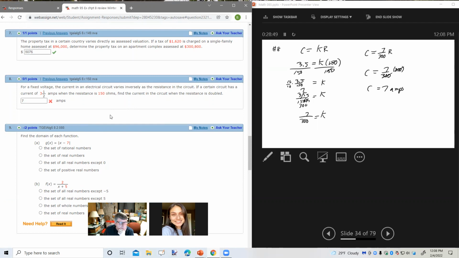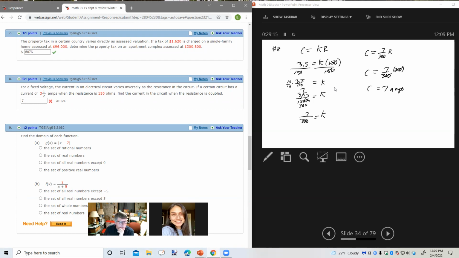Resistance is doubled. Find a fixed voltage. The current varies inversely as the resistance. 3.5 amps, 150 ohms. Okay.